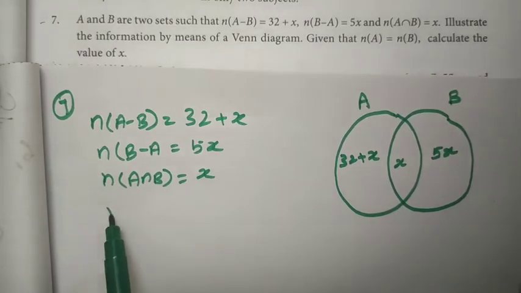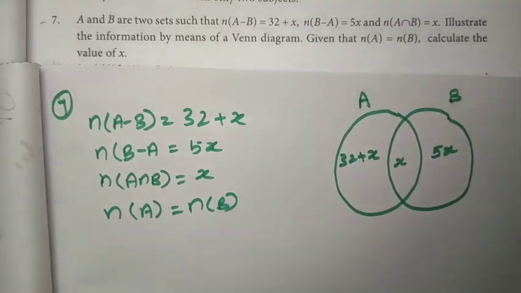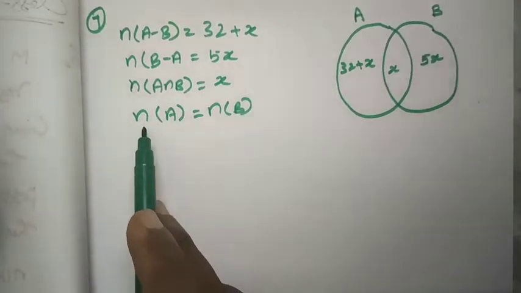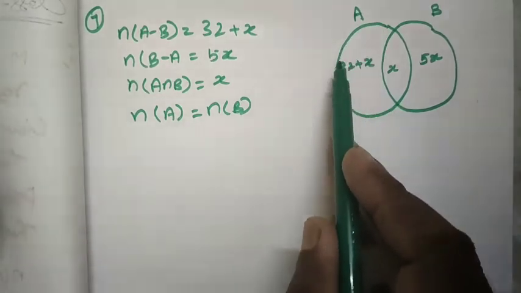The condition given is n of A is equal to n of B. We want to find the value of x. Now n of A is the number of the A set, the whole term.